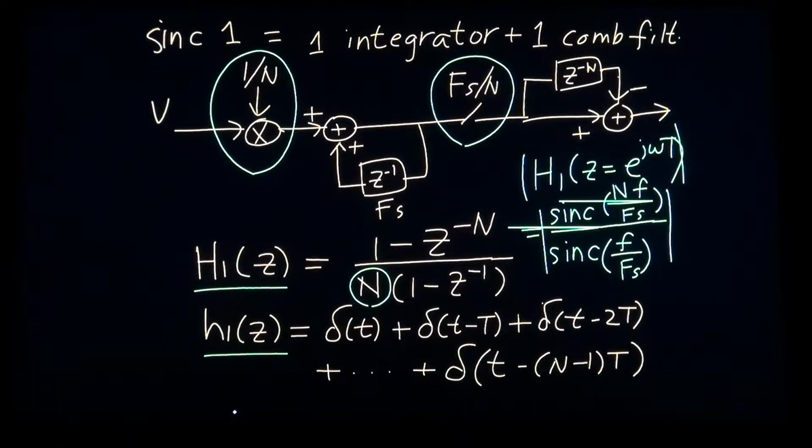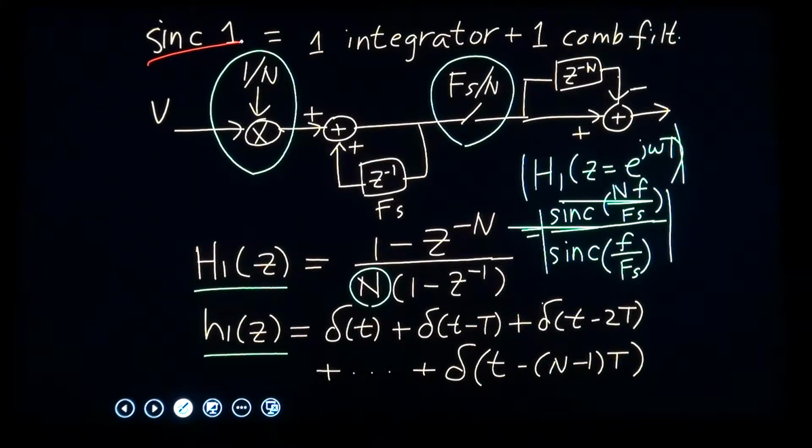Sinc filters are implemented by CIC filters. CIC is Cascaded Integrator and Comb filter. A first order sinc filter can be represented by cascading one integrator and one comb filter.